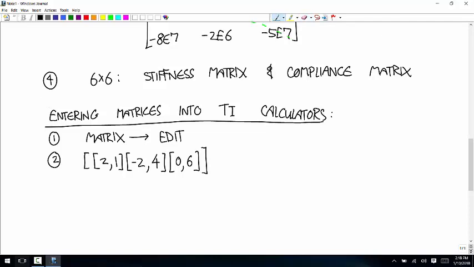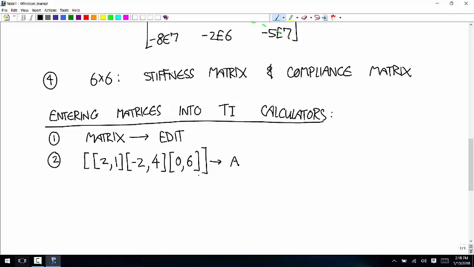Then you can use the store button to put that into some variable, whatever it is, A. If you do that, you should get the matrix back out that I gave at the start of this. It also should print out on your screen the matrix in matrix form, so it's easy to figure out whether you did it right.